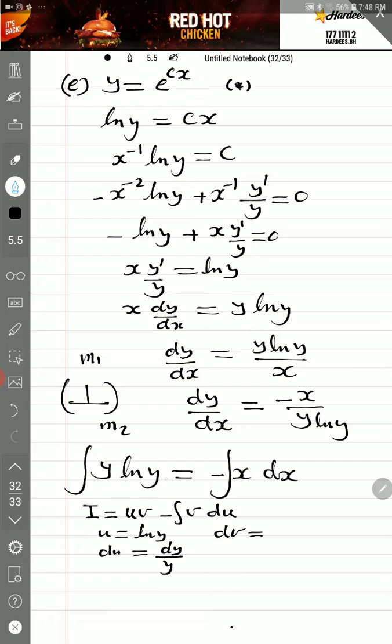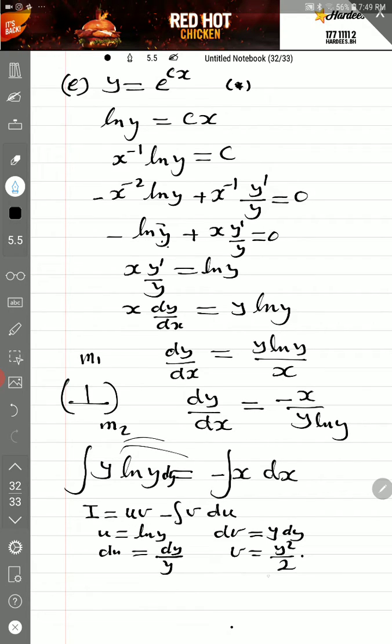Sorry, here we forgot dy. Where dv will be y dy, so your v equals y squared over 2. Now let's go for finding I itself. Just substitute there the integration.